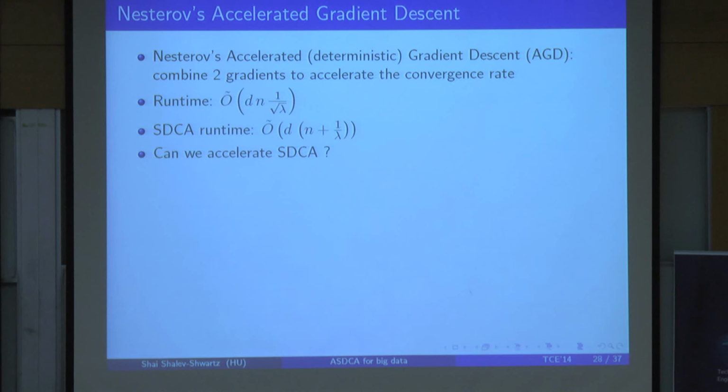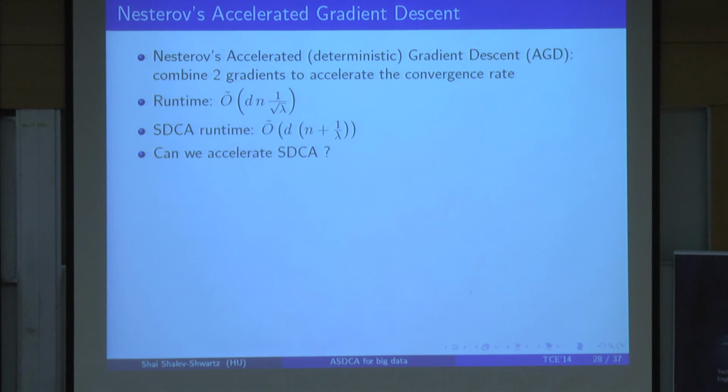Nesterov came out with a very nice idea, which is called accelerated gradient descent. And the idea is, instead of doing gradient descent using one gradient at a time, let's remember also the previous gradient and use two gradients to update our weight vector, our solution W, and you gain from it.